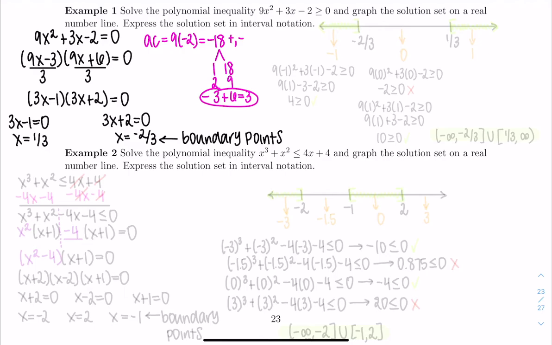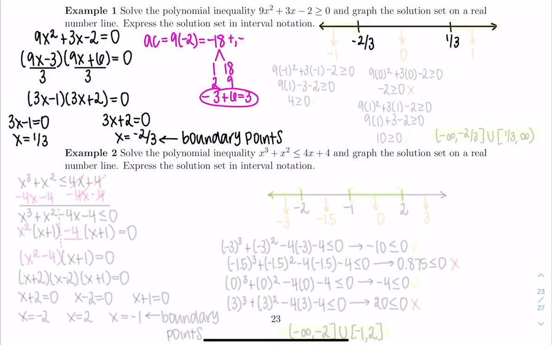So let's draw a number line. And we've got negative 2/3 over here, and we've got 1/3 over here. We need to pick some values in each interval to test. It doesn't matter which one.